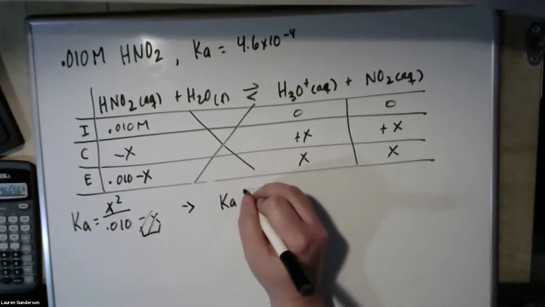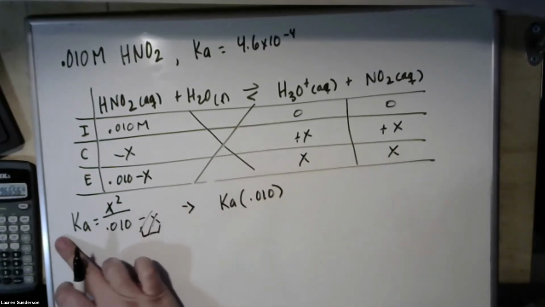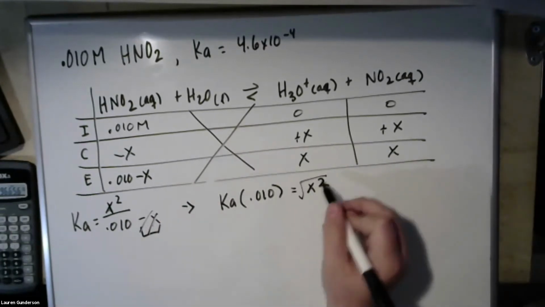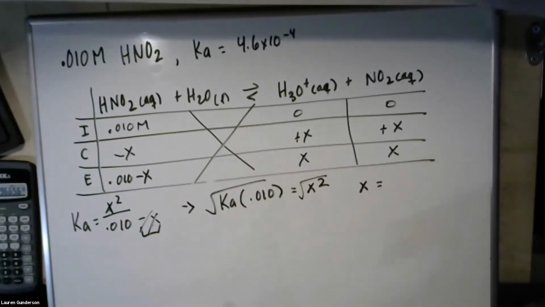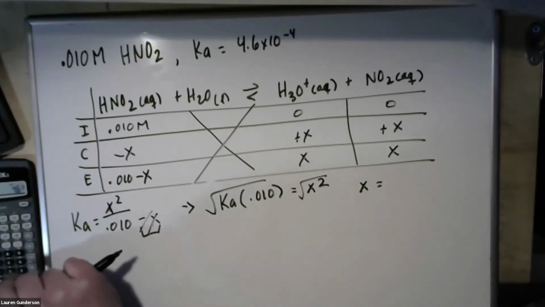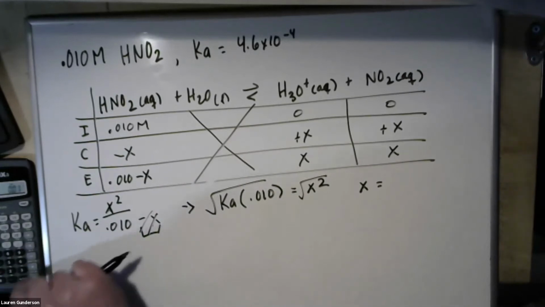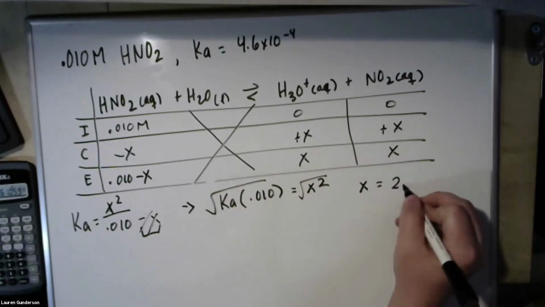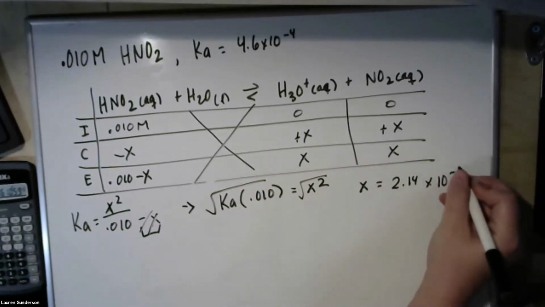So we'll have our Ka times 0.010, because we'll multiply both sides by 0.010. And then we'll take the square root of that value. So our X value in this case is 2.14 times 10 to the negative 3.